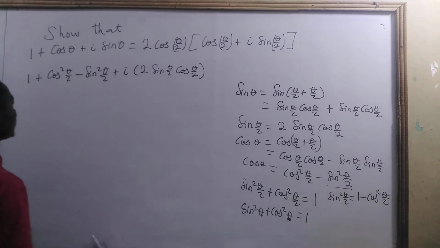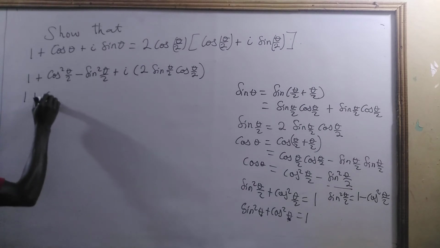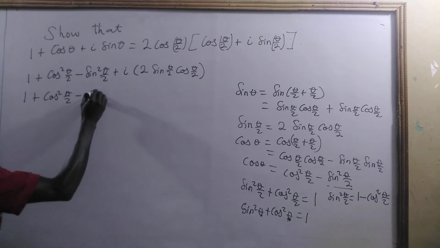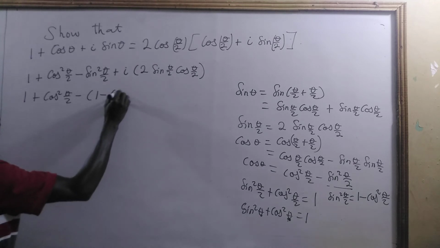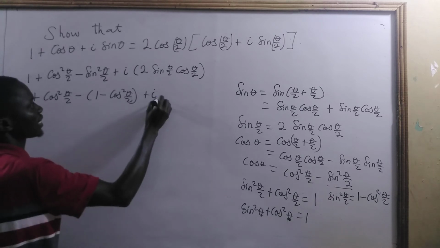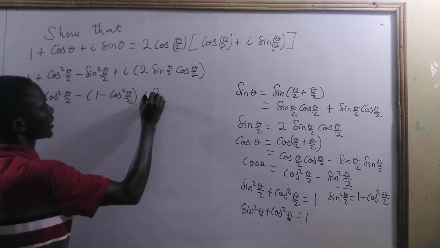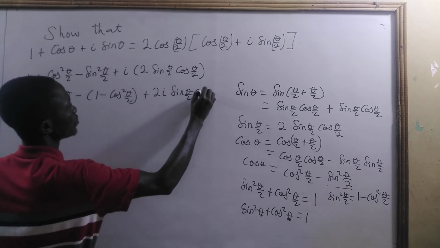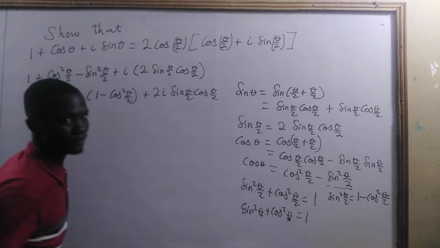So here you have 1 plus cosine squared of theta on 2 minus 1 minus cosine squared of theta on 2, plus i times 2 sine of theta on 2 cosine of theta on 2.